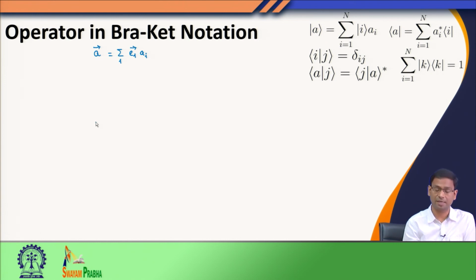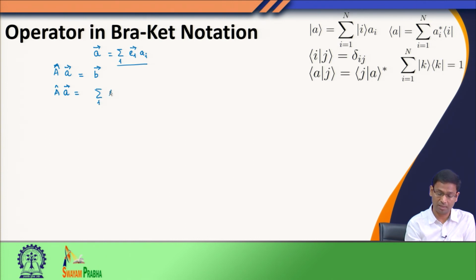Now this is my vector A. I apply an operator A onto this vector, and this would simply give me another vector. So, A goes to B when I apply operator A on this vector A. Now, to see the action of operator A on this vector, I simply have to act A on the right hand side of the term.